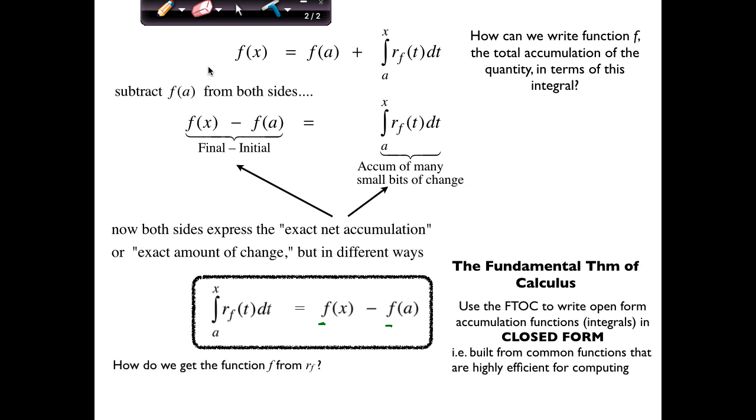How do we get f? If we have the open form, that means we have the rate of change of f. How does the rate of change of f relate to f? It's the derivative. This is the derivative of f.